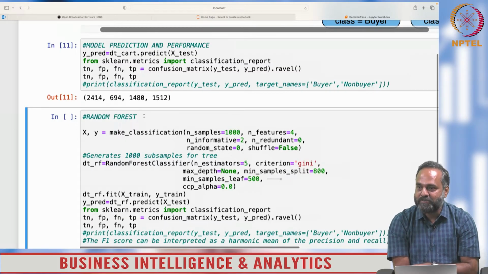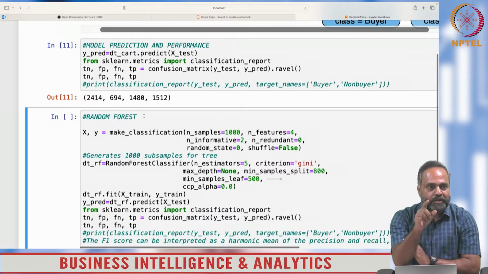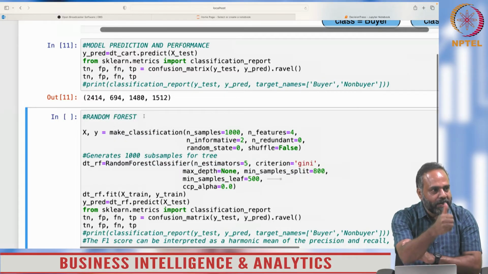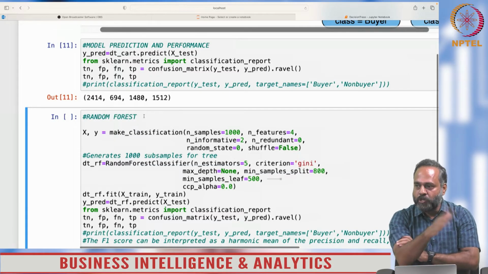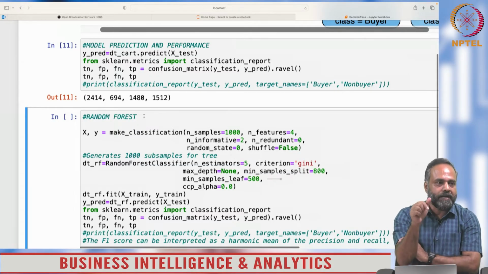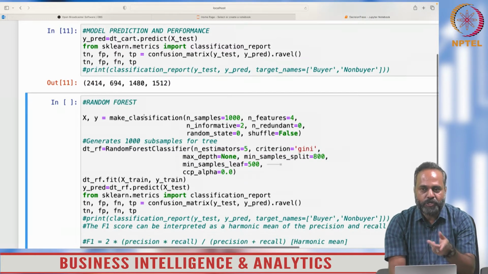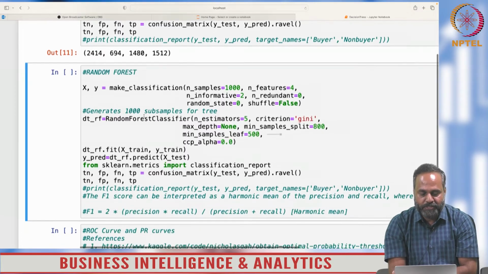What is the denominator? The denominator is P, total P's. Total P's is what? TP plus FN. Excellent. FN is nothing but positives which got misclassified. TP plus FN. That is your sensitivity. So you can compute all this from this data.